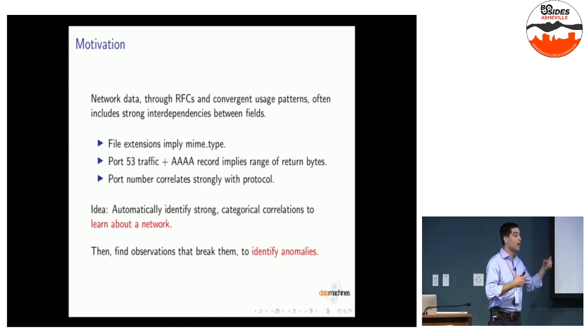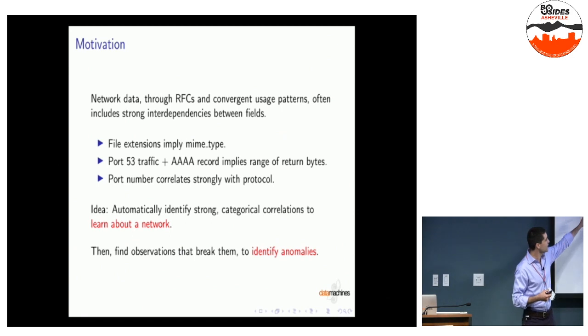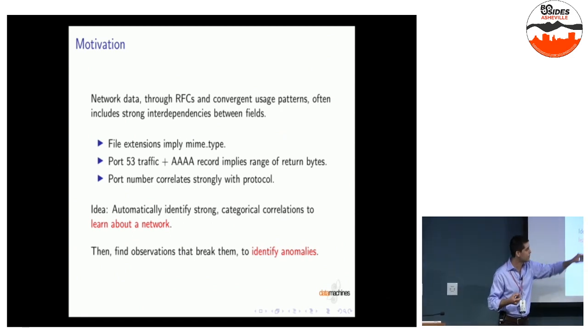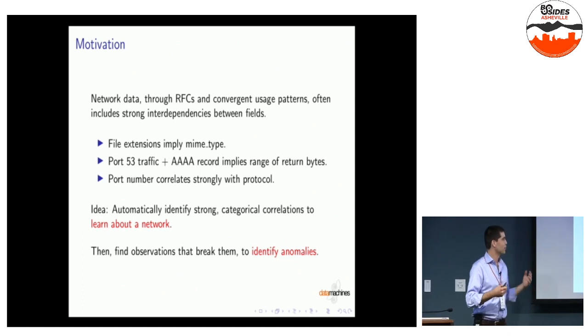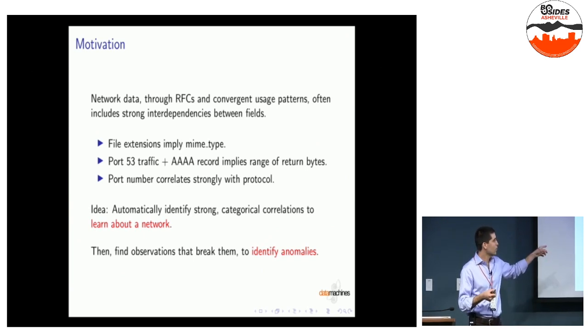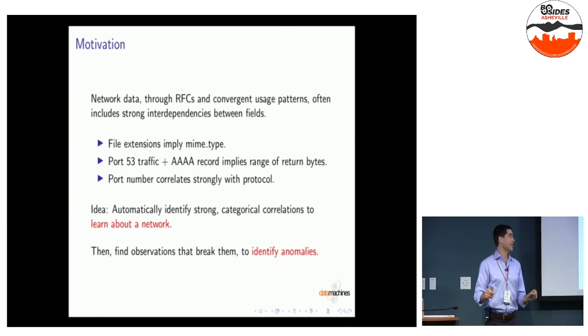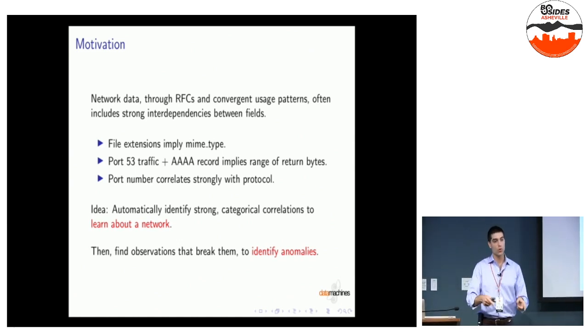File extensions that go with MIME types, ports and protocols. The second bullet is kind of neat because here we can start to talk about ranges of continuous variables like return bytes, right? So if I'm doing port 53 and it's a quad A record, and you get back a bajillion bytes, that's kind of atypical. Port numbers correlate with protocols. And so the high-level idea here is, what if we can automagically identify strong categorical correlations, right? If port 53, then probably DNS, to learn about a network.